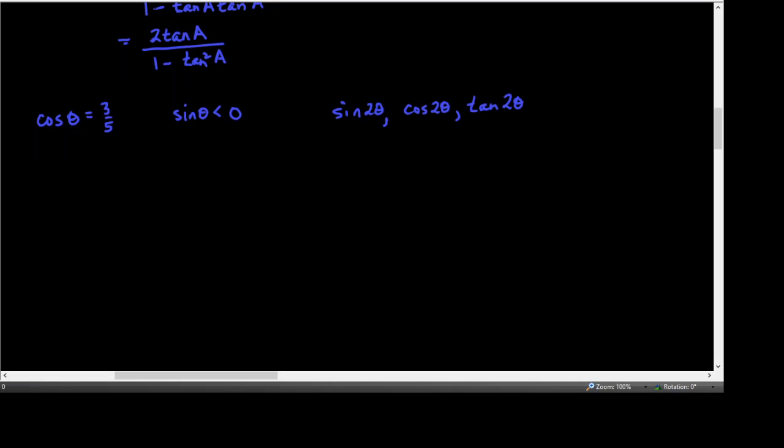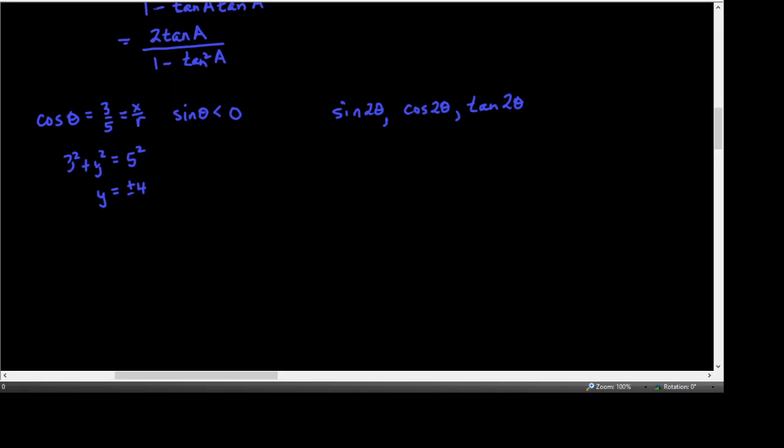Okay, so thinking about what we know, if cosine of theta is 3/5, which by definition is x over r, then we need to find y to find sine of theta. So I know that x squared plus y squared is equal to r squared. So y is equal to plus or minus 4.